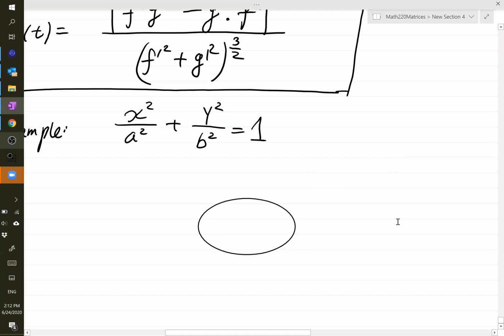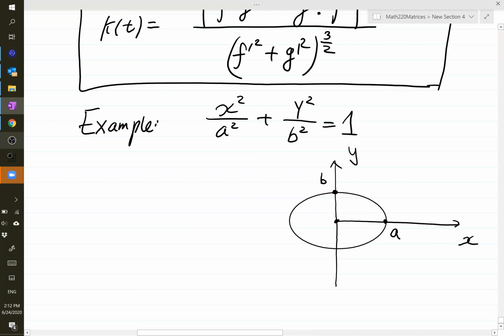So this is an ellipse. Here is the x-axis and here is the y-axis. Here the intersection is a, and here the intersection is b. Now we can find a parameter t. We can write x equals a cosine t and y equals b sine t.